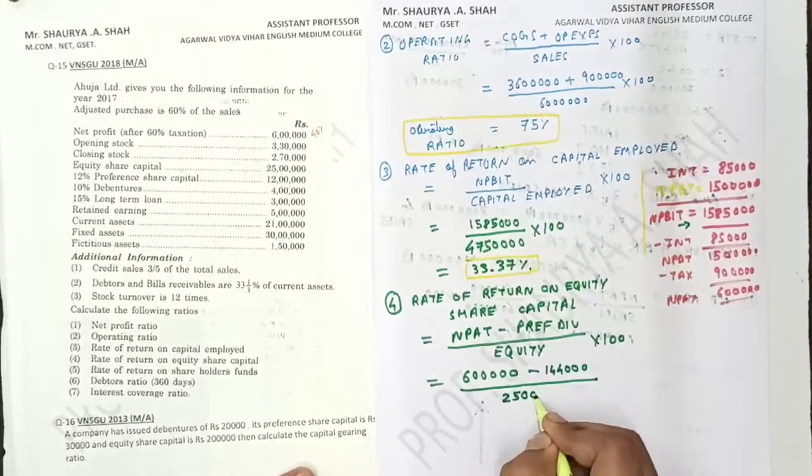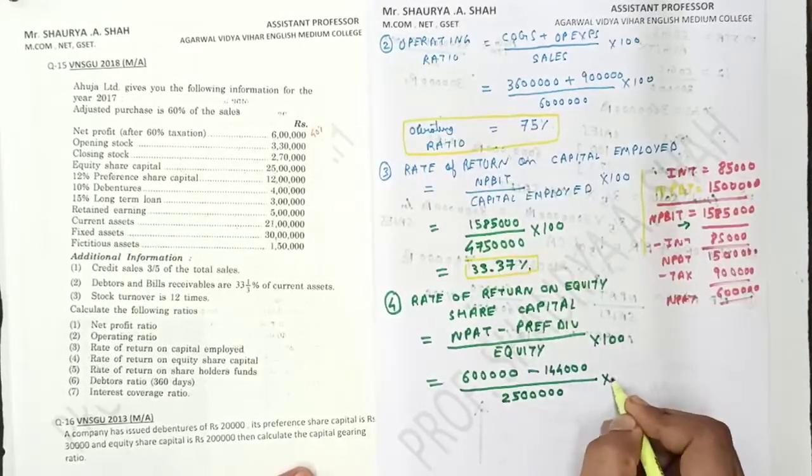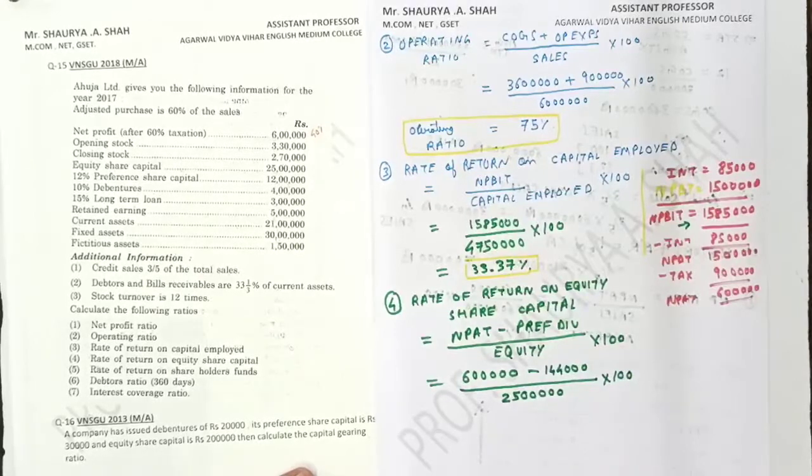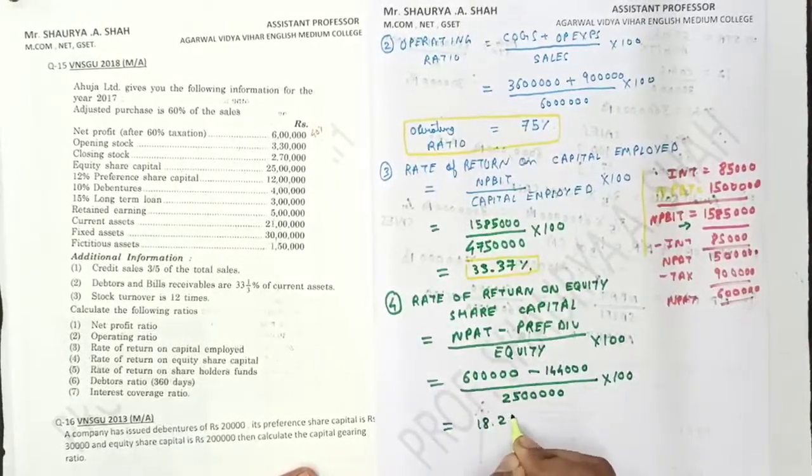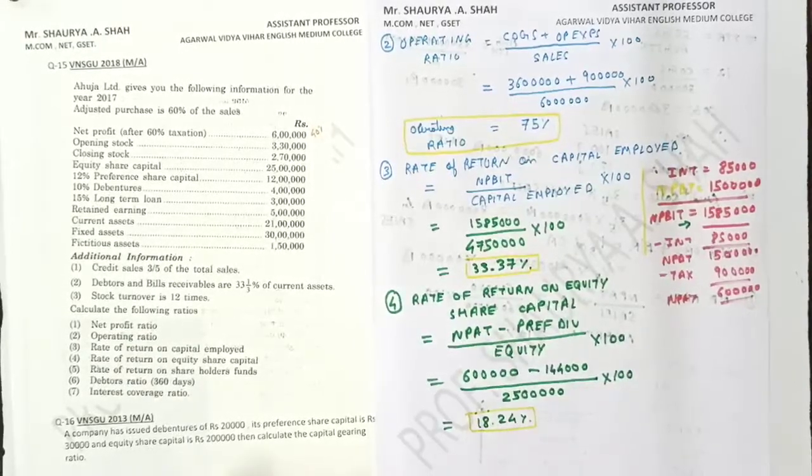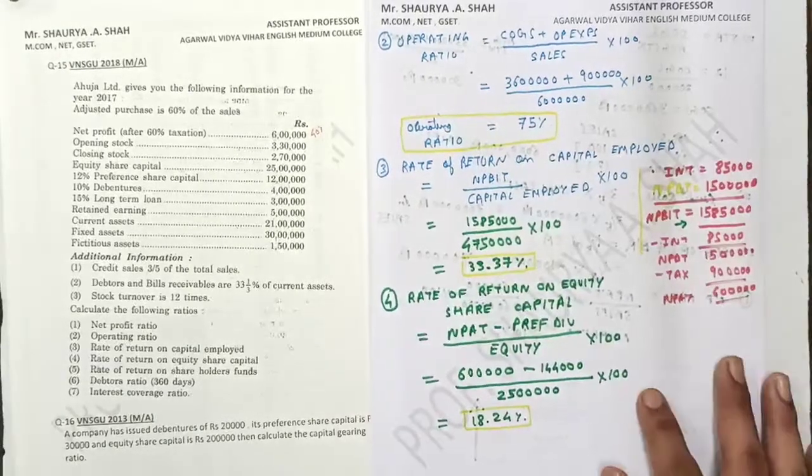Equity share capital is 25 lakh, students, into 100, right? So what I'll get is the answer of 18.24%. 18.24% is the answer for rate of return on equity share capital, right? I hope it is clear to each and every student.